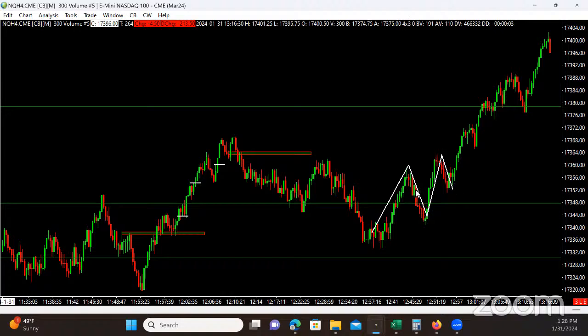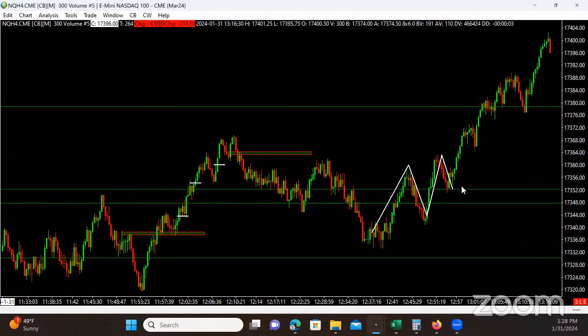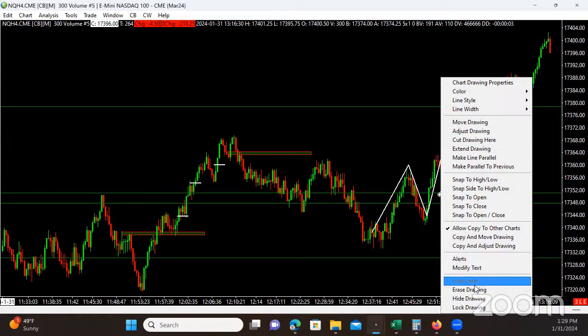Comes back down into this equilibrium area right there. You look straight across, you can see where price hit that a lot. So if it goes up right there, I'm like, okay, I want to take that one. I want to take that one a lot. So then, hold on, let me erase that.